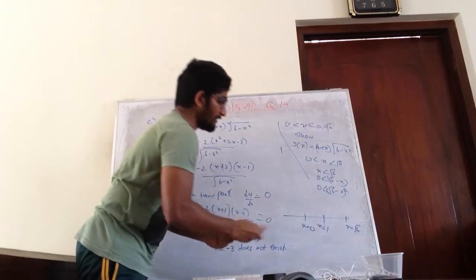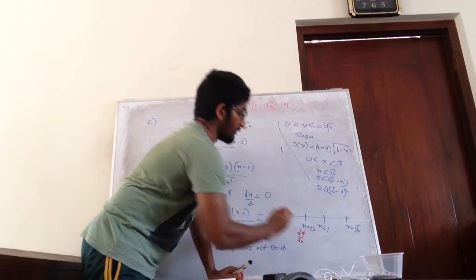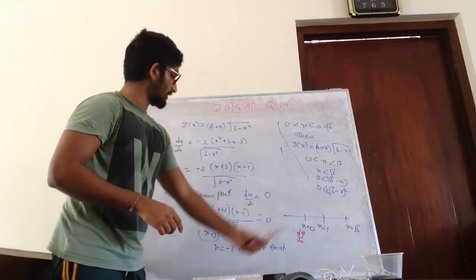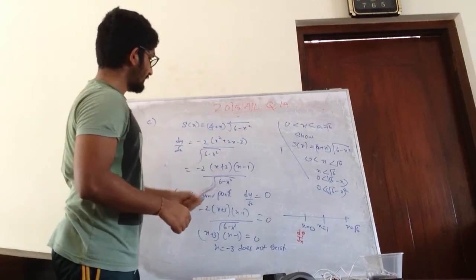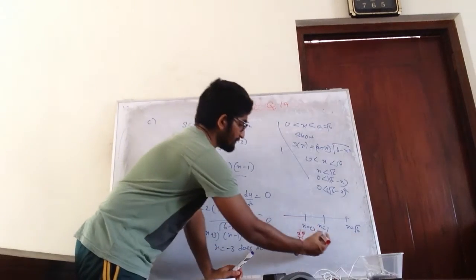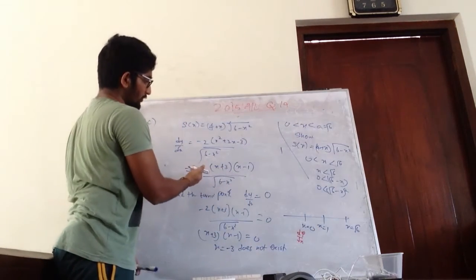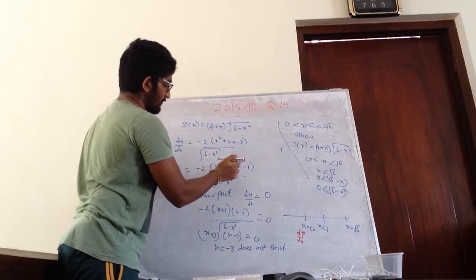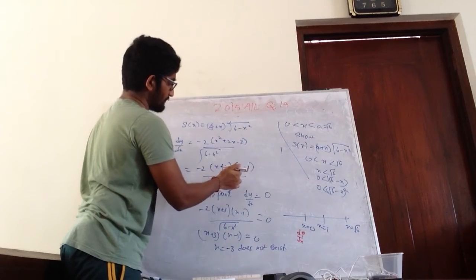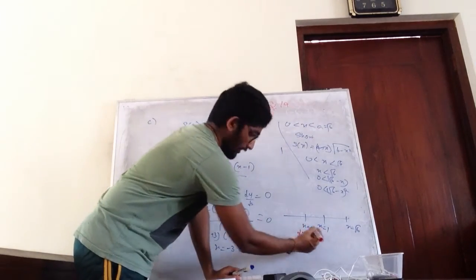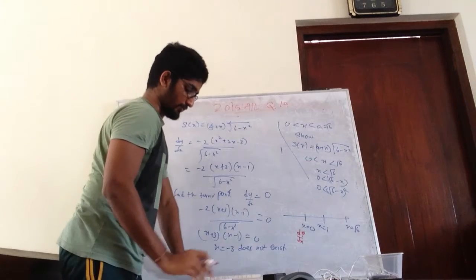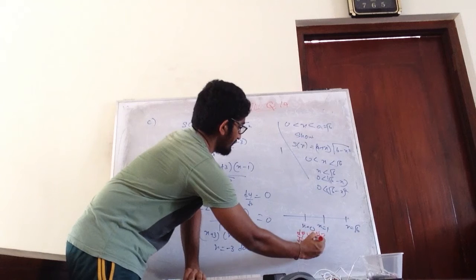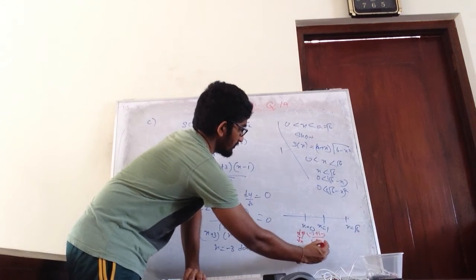If you evaluate the dy over dx, if you put something like 0.5, this part will be, minus, positive, minus, anyway positive, so this is going to be positive.